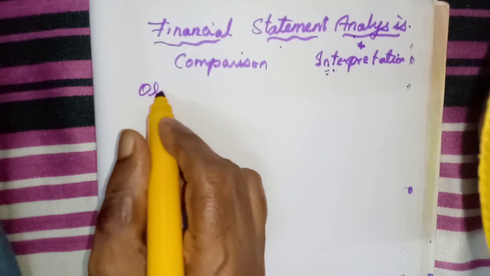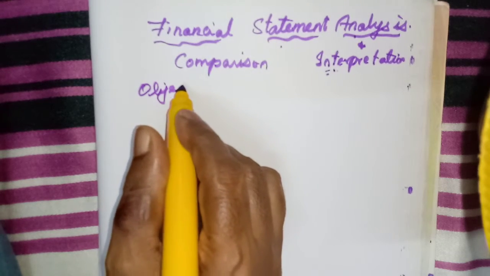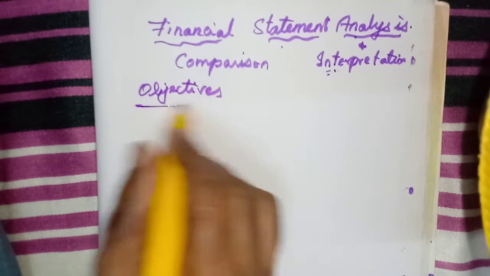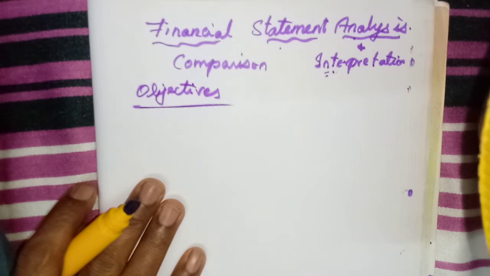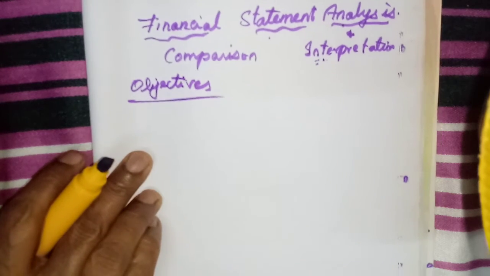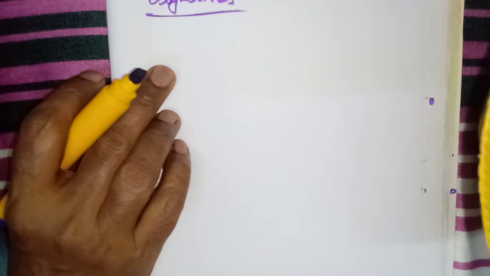Now, what are the objectives of preparing the financial statement analysis? We can analyze the profitability, or the earning capacity of the business, comparing with the gross profit and the net profit. Then the solvency position of the concern, which may be either short-term solvency or long-term solvency.